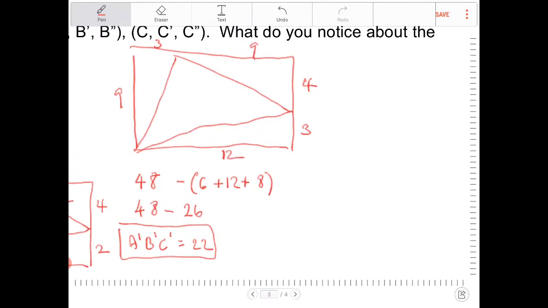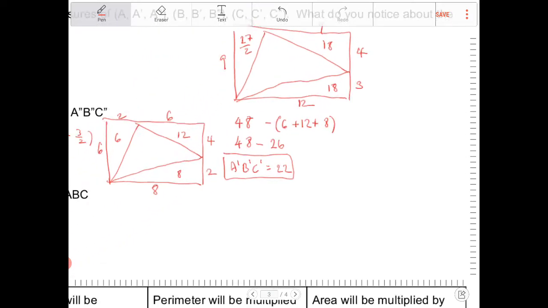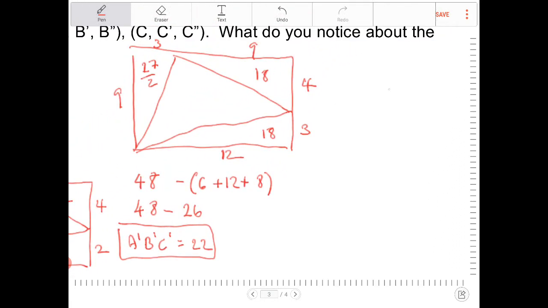So if you look at this, the right triangles that I have, this will be 27 halves. This will be 36 divided by 2, so that's 18. This will be 36 divided by 2, and that will be 18 again. So find out what the areas are of the right triangles. So that would be 27 halves. And what is 27 halves? That is really 13.5, right? So 13.5, 18, and 18.